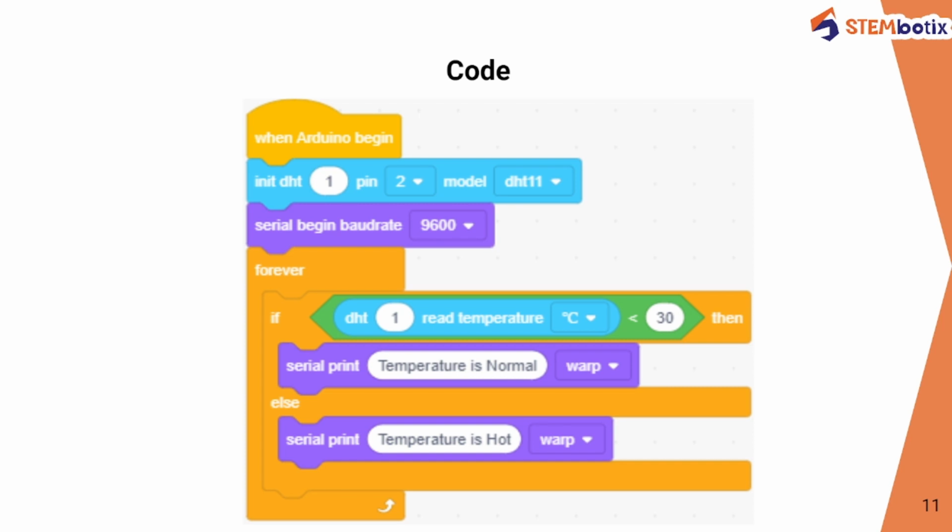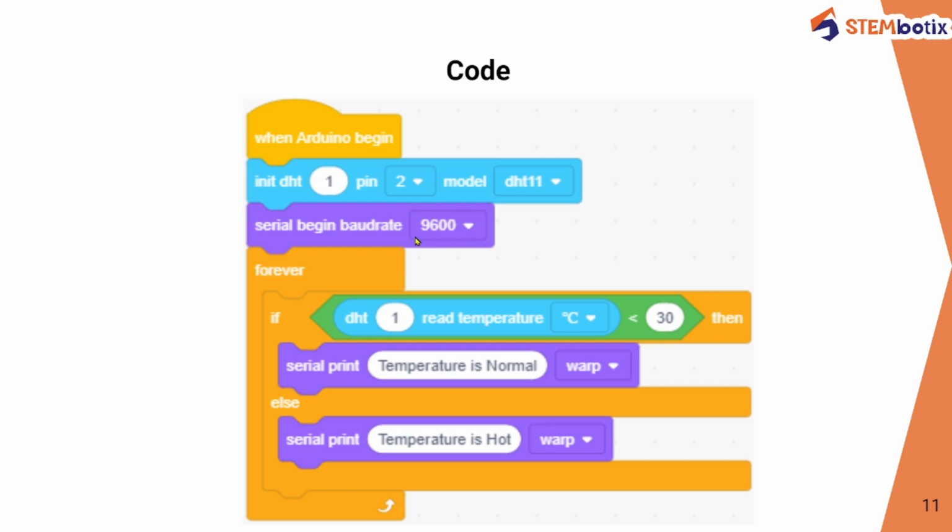So this is the coding for the sensor. First we use the block when Arduino Uno begins. After that we have initialized our DHT11 sensor, which is connected specifically on pin number 2. Now we are giving the speed, which is the speed of communication. We have used this block, serial begins baud rate, which is 9600.